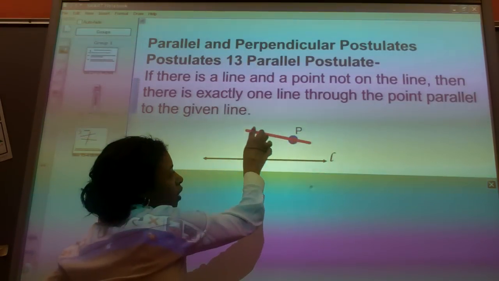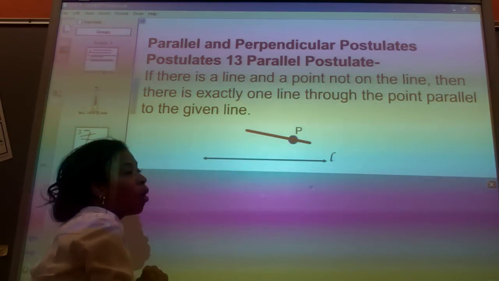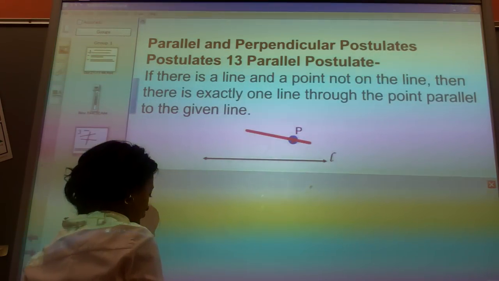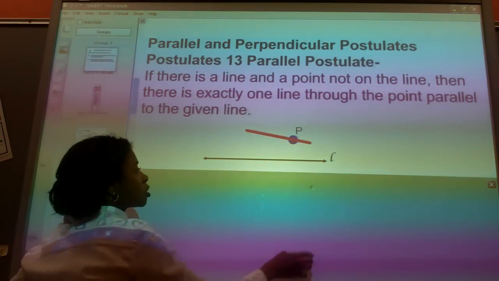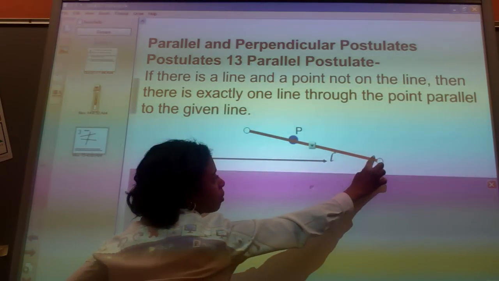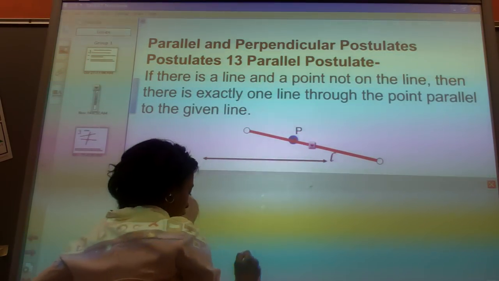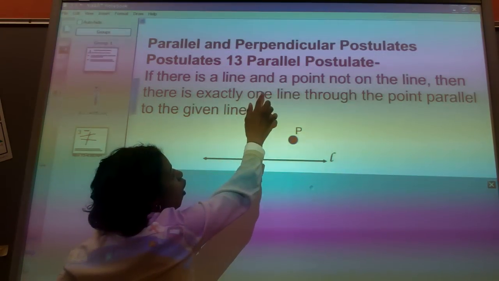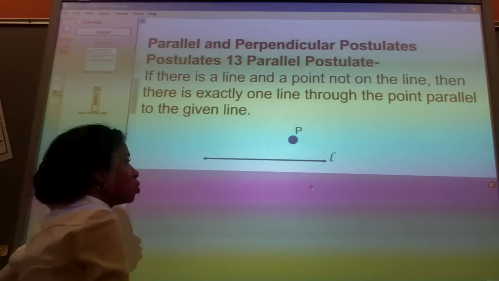This new red line I've drawn through point P will eventually intersect line L if I were to continue that line on forever. So this does not work either. If I extended the black line, it would intersect back here. That doesn't work. So there's only exactly one place that I can draw this new line.